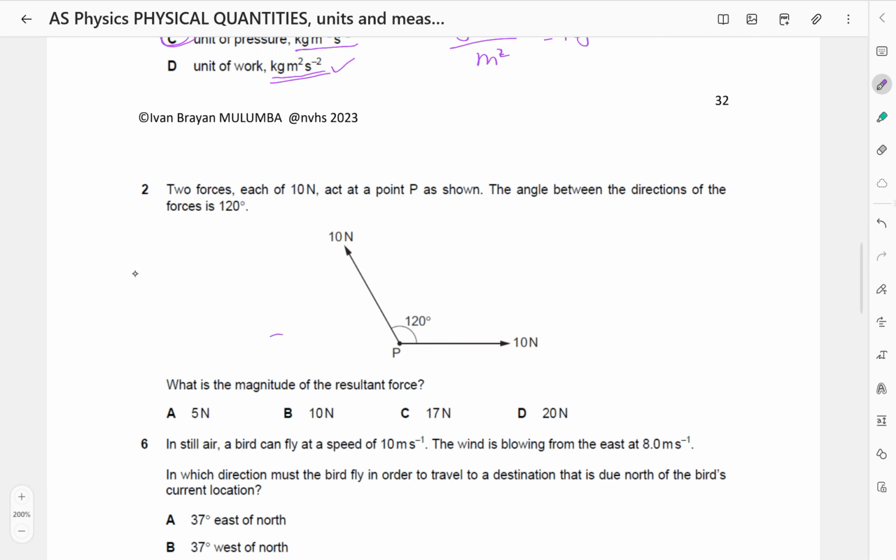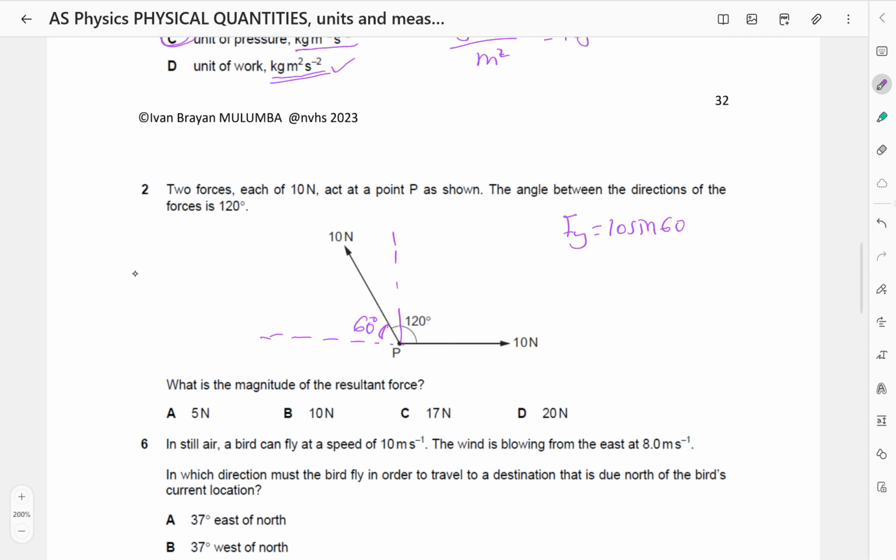If I want to use resolving, it could even be easier if I use this angle here. This angle is going to be, I think, 60 degrees with the horizontal. So using 60 degrees, in the vertical I have a vector which will be 10 sine 60.